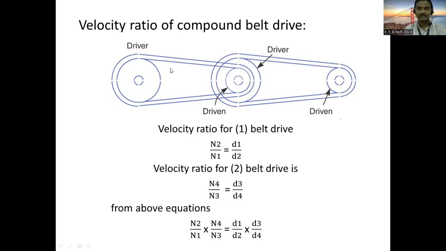Write down, we know that as two pulleys are mounted on one shaft, therefore N2 is equal to N3.